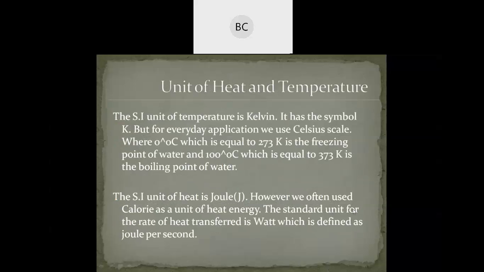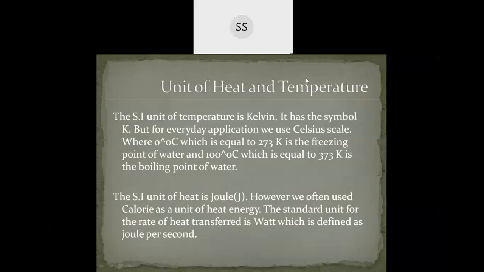Okay, so the SI unit of heat is joule, and SI unit of temperature is Kelvin. But there are some other units also which we use. For example, for temperature we often use Celsius, and Fahrenheit also. And for heat we often use calorie as the unit of heat.